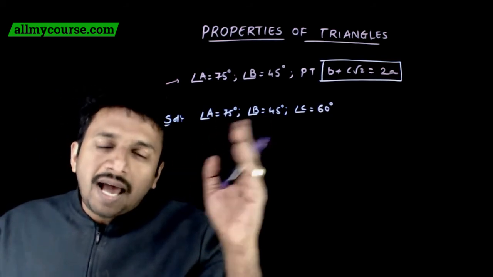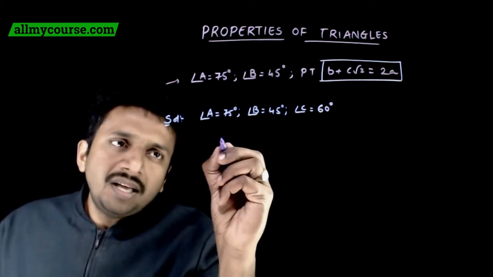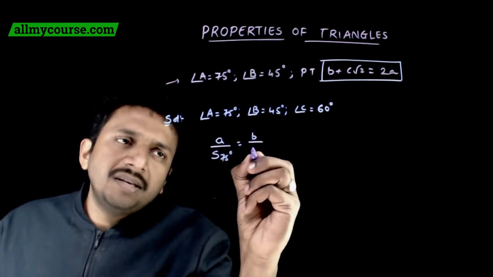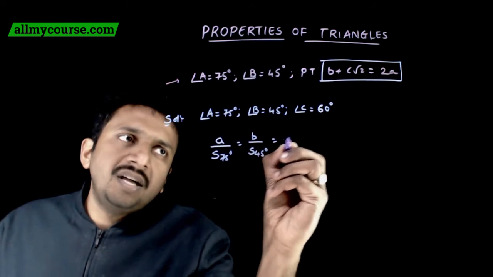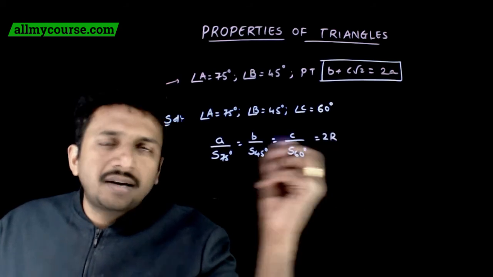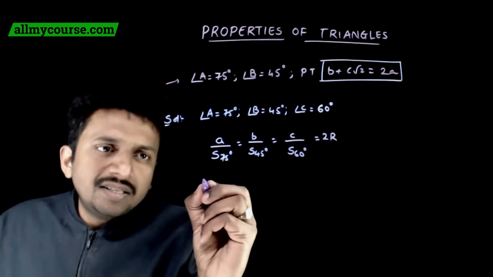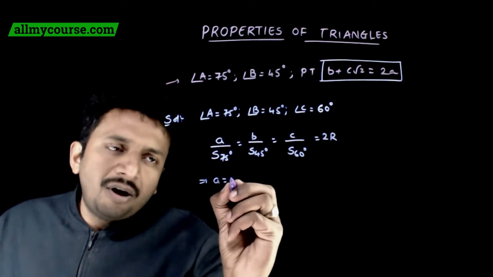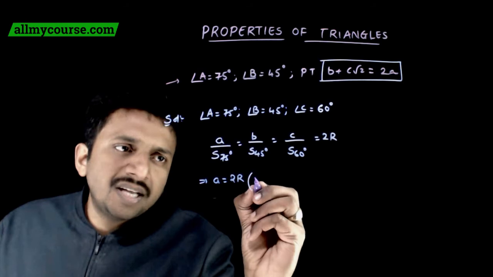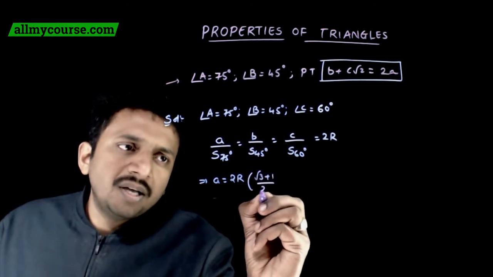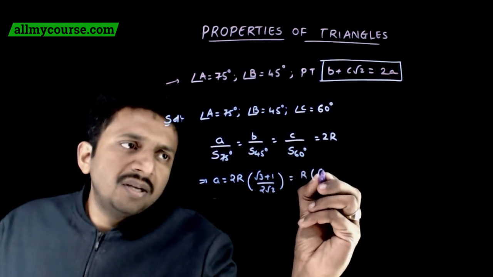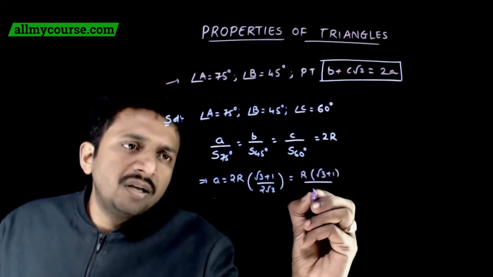And once you know the angles, what does the sine rule say? a by sine 75 degrees is equal to b by sine 45 degrees is equal to c by sine 60 degrees is equal to 2R. This implies a is of the form 2R sine 75 degrees. Sine 75 is nothing but (root 3 plus 1) by 2 root 2. That is equal to R times (root 3 plus 1) by root 2.